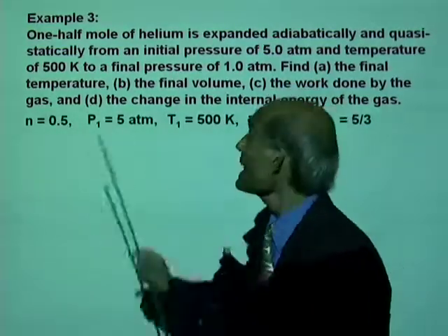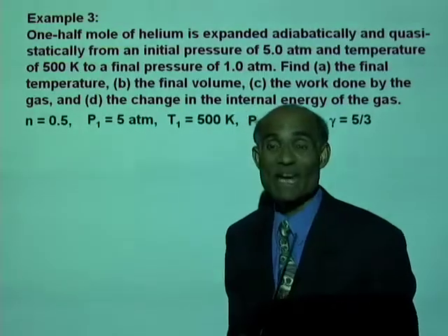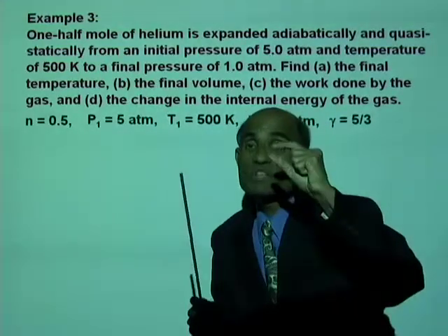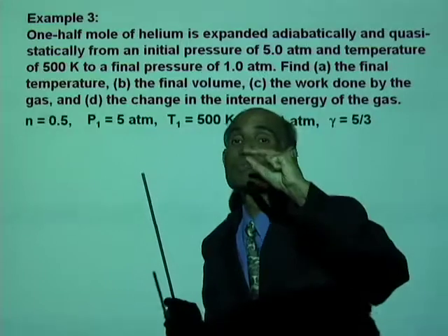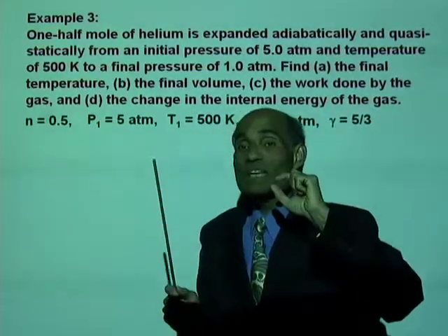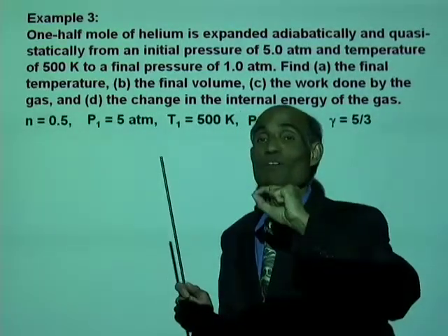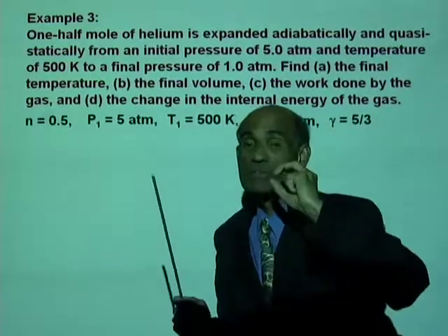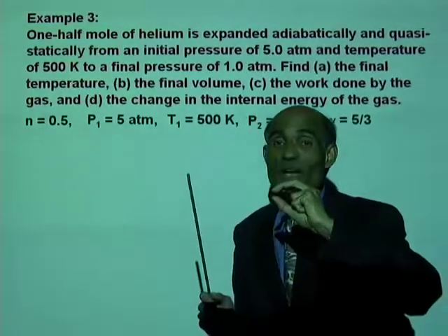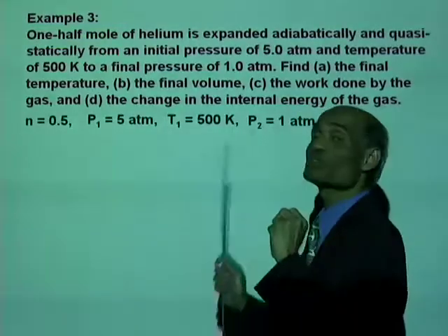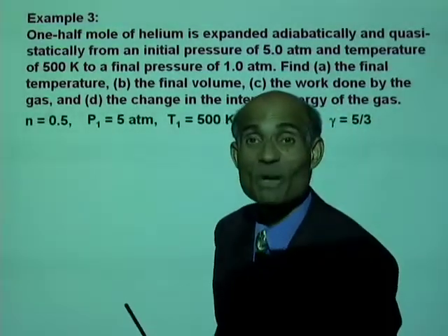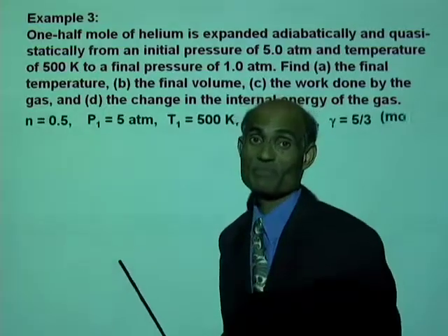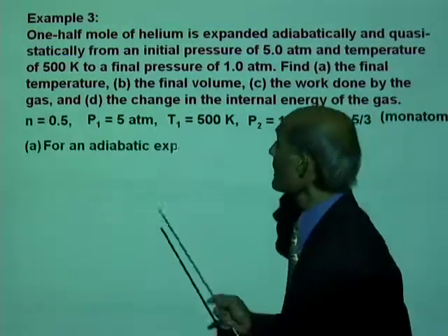Helium is a monoatomic gas. Cp is 5/2 nR. Cv is 3/2 nR for a monoatomic gas. So 5/2 nR divided by 3/2 nR is 5/3, which is approximately 1.67. All right.